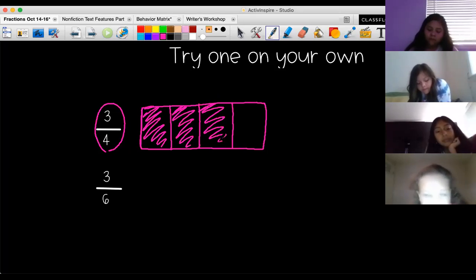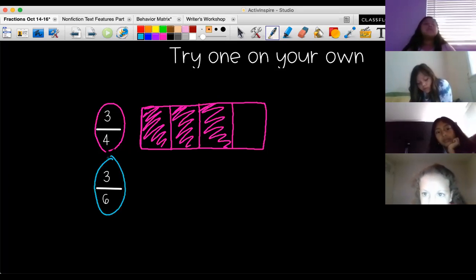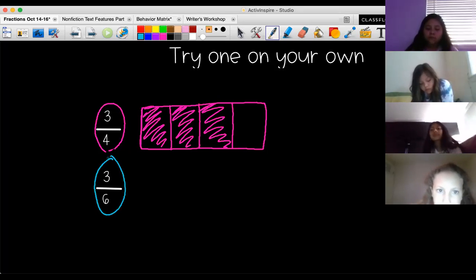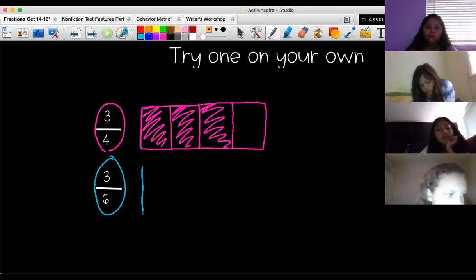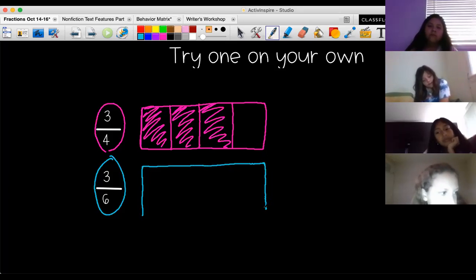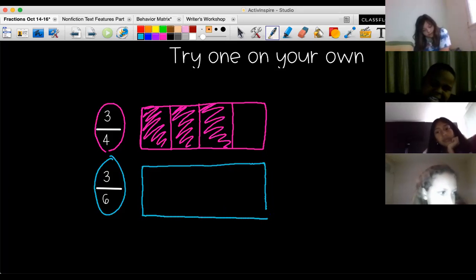Then Ania, looking at the bottom one. What's the same between these two fractions? That the numerator is the same thing as the other numerator. The numerators are the same. So going down here, I'm going to draw 3/6.